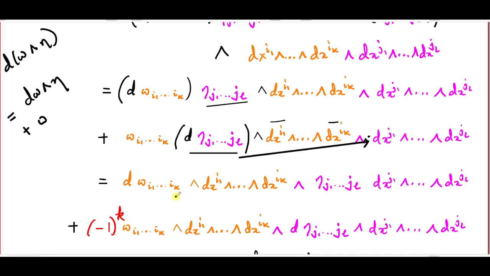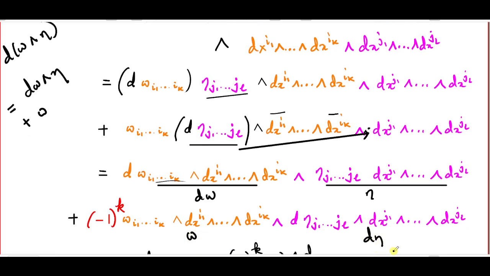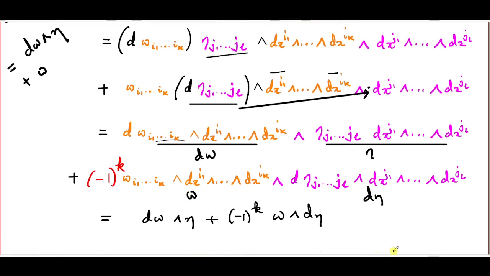Now once you have done that, as we have already said, this is nothing but d omega, and this is of course eta, and here you have omega and here you have d eta. So what we end up with is d omega wedge eta, as we have already said, but we don't really end up with omega wedge d eta. You end up with minus 1 to the power k times omega wedge d eta.